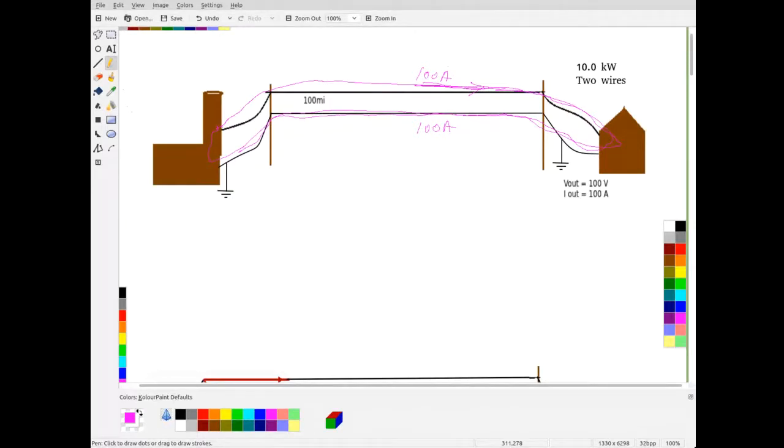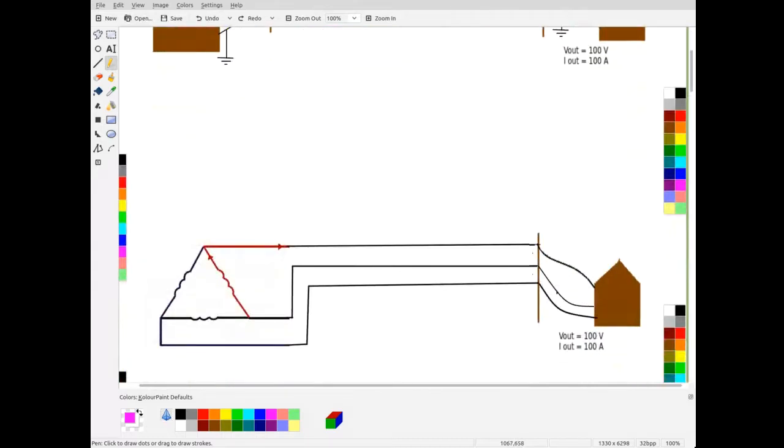Both of those wires have to be big enough to handle 100 amps, again skipping the transformer piece and stepping the voltage up. So they have to be very, very big wires, and all I'm sending is 10,000 watts, which is quite a bit of power, of course, but that's what I'm sending.